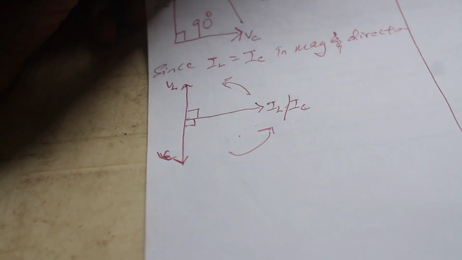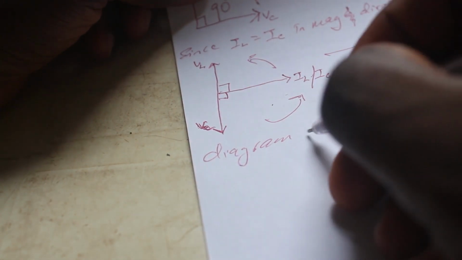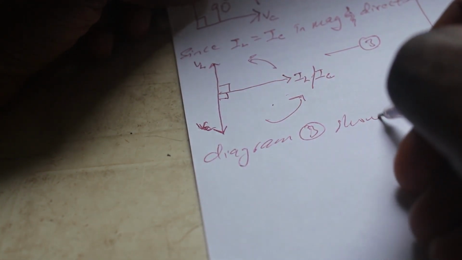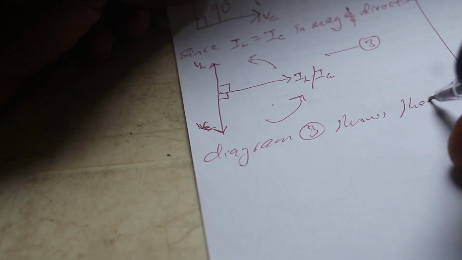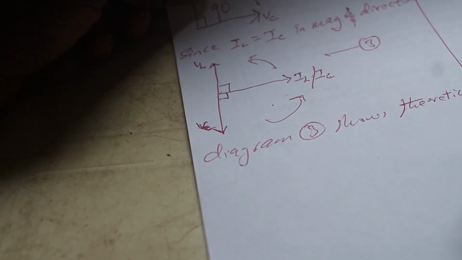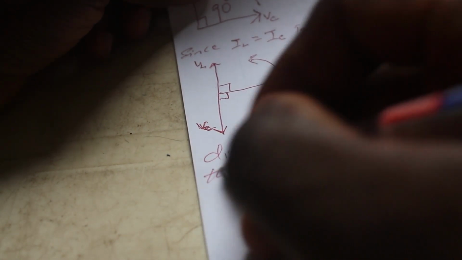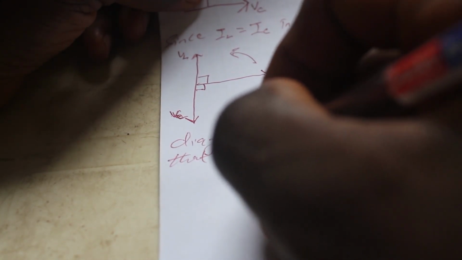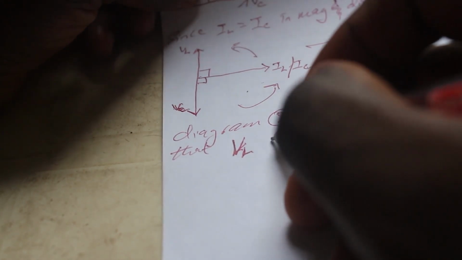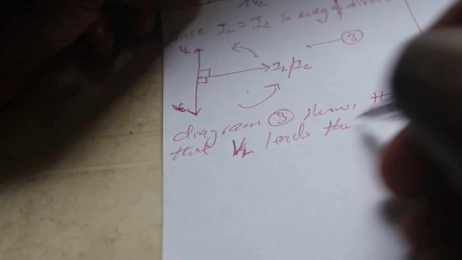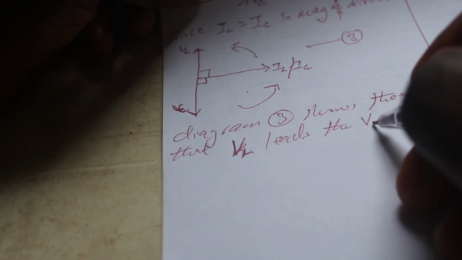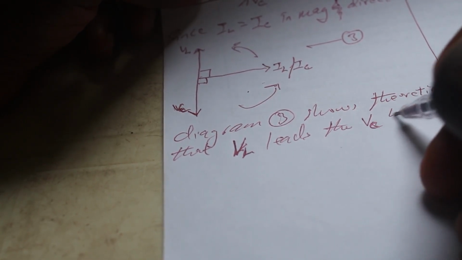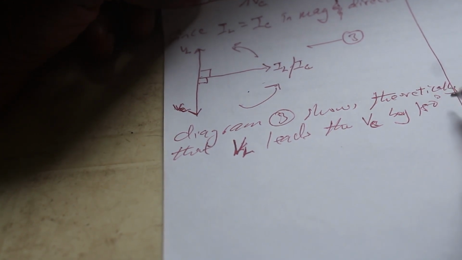You see, that means from this diagram 3 here, diagram 3 shows theoretically that the voltage in the inductor leads the voltage in the capacitor by 180 degrees.